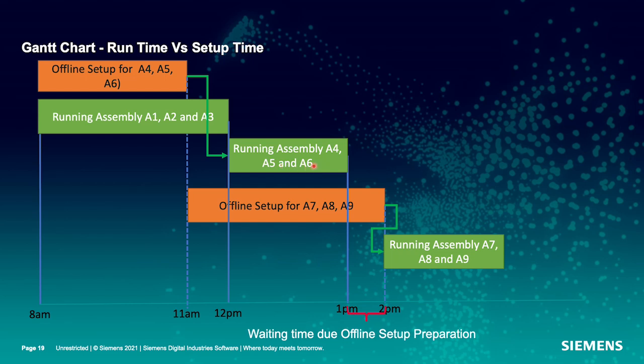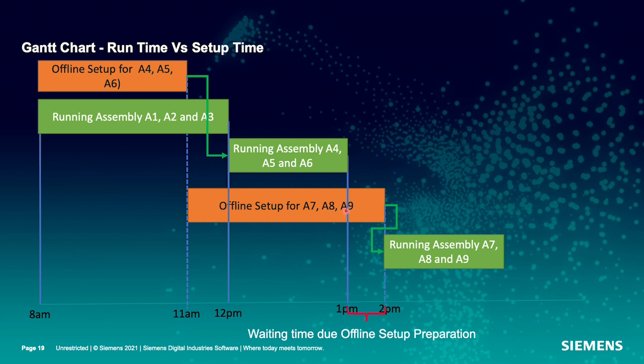While the line is running A4, A5, and A6, my offline setup preparation area starts preparing setups for A7, A8, and A9. Well, in this example, you can see the runtime of assemblies A4, A5, and A6 is a lot less than the setup preparation time for A7, A8, and A9.